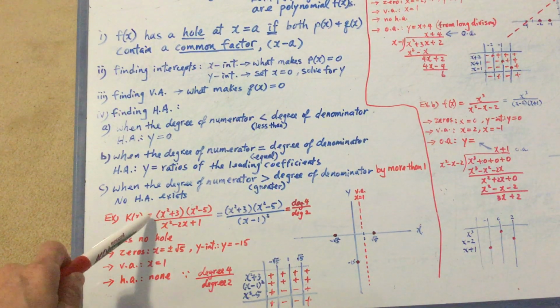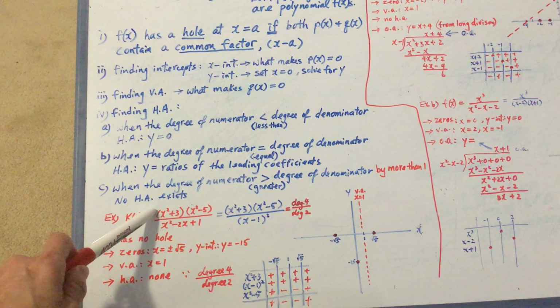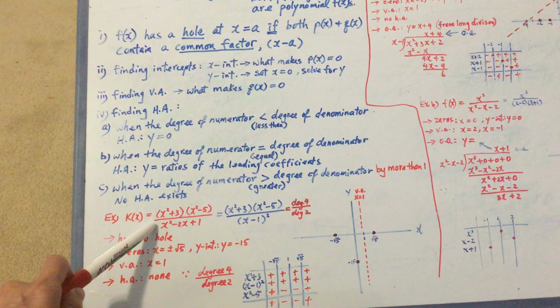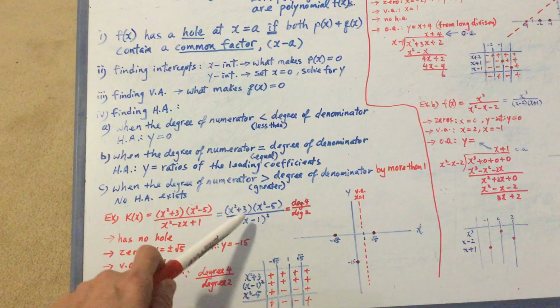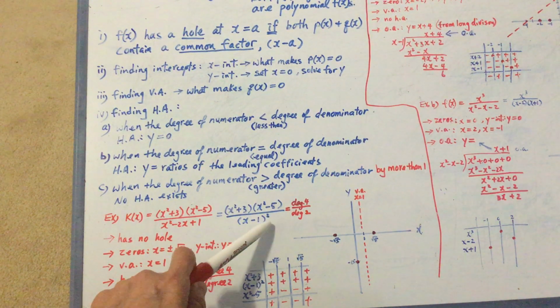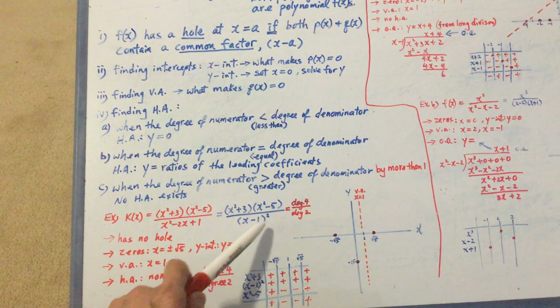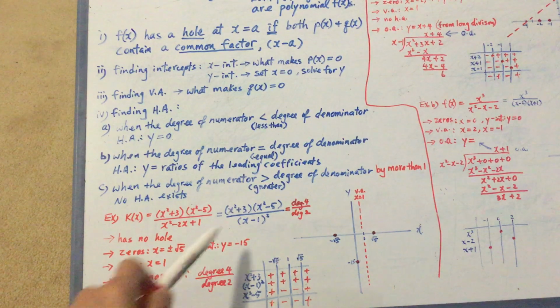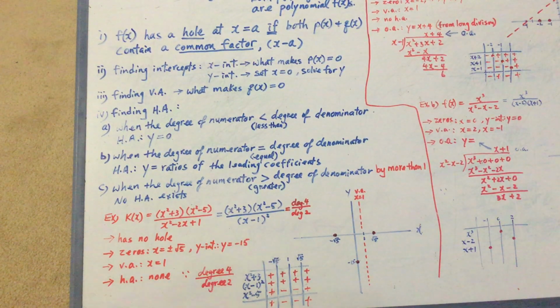And of course, like what we have done before, everything, the numerator and the denominator, has to be in fully factored form. So in this case, after I factor the denominator, I get x minus 1 to the power of 2. You can separate them or combine them into one bracket, which is fine.